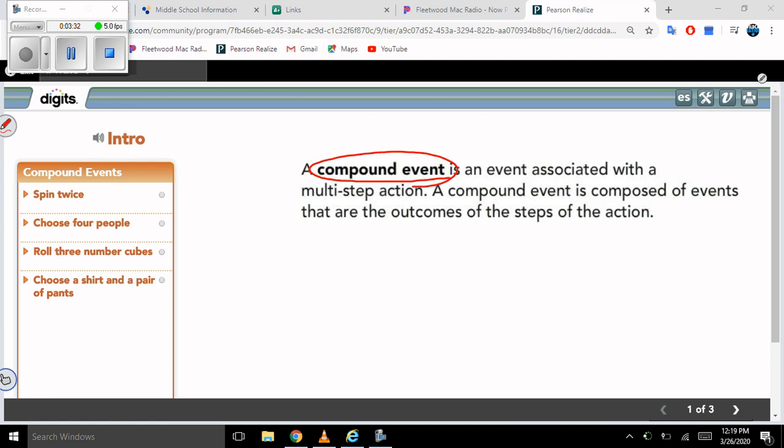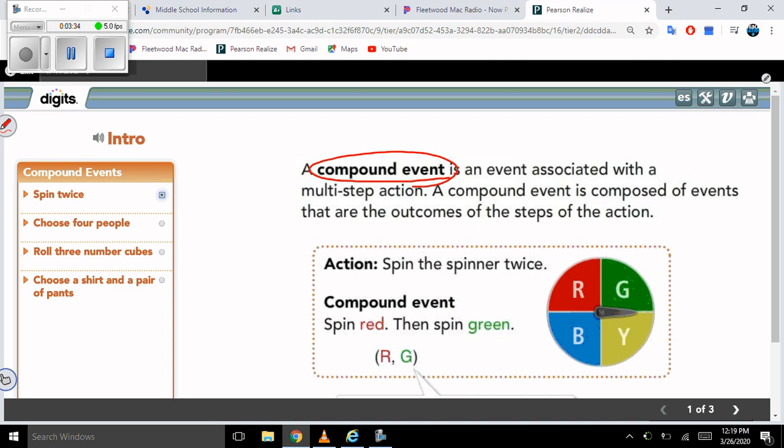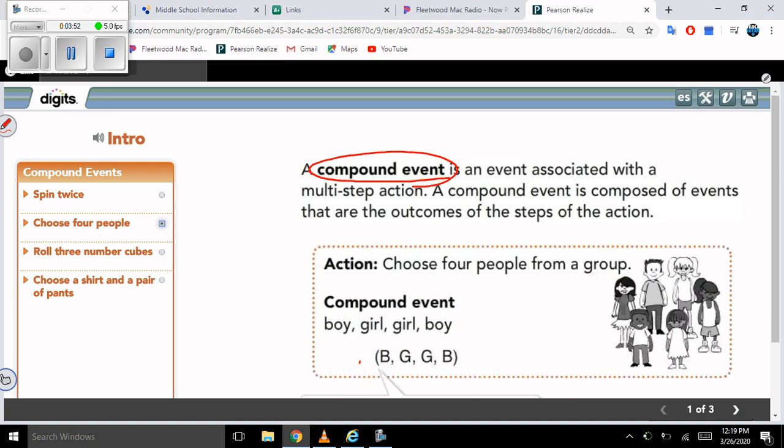So if I spin a spinner, for example, twice, it might say, hey, I want you to spin a red, then spin a green, and we would indicate this by using parentheses, almost as if it was an ordered pair, R comma G. If we looked at it for choosing four people, you could see that we have a pile of people over here, and our event would be choose a boy, then a girl, then a girl, then a boy. Again, we would write it as we have seen with the ordered pair situation, parentheses B comma G comma G comma B.